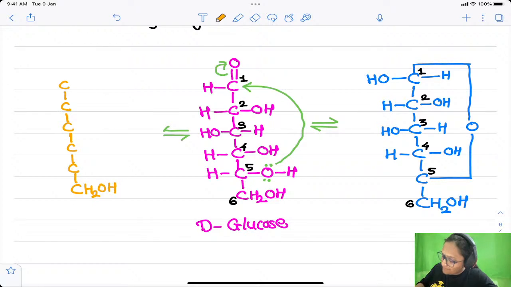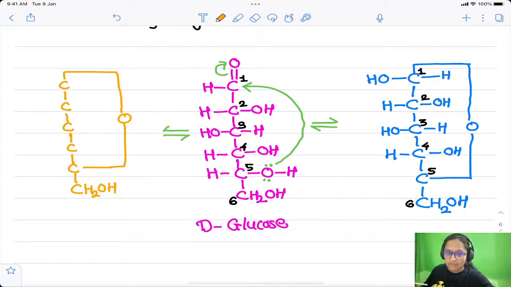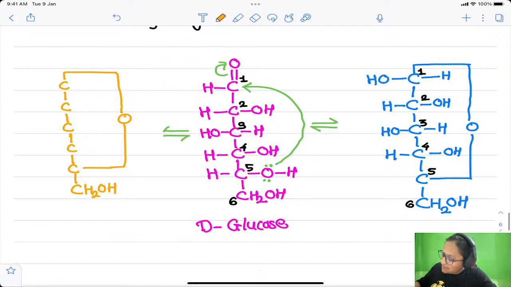Then here also again there will be bond formation between this anomeric carbon atom and this oxygen OH I am writing here. Here OH is on the right hand side, H is on the left hand side.